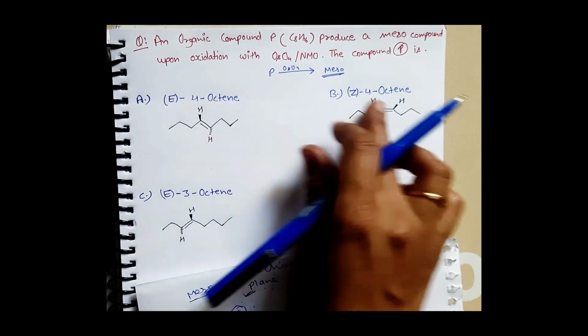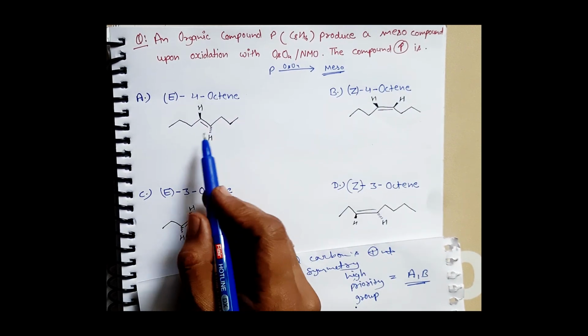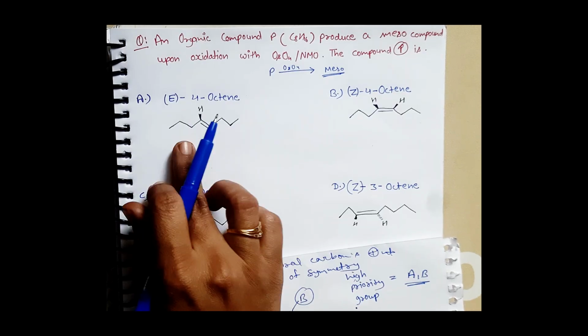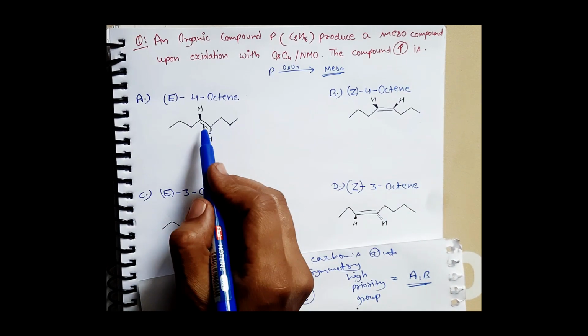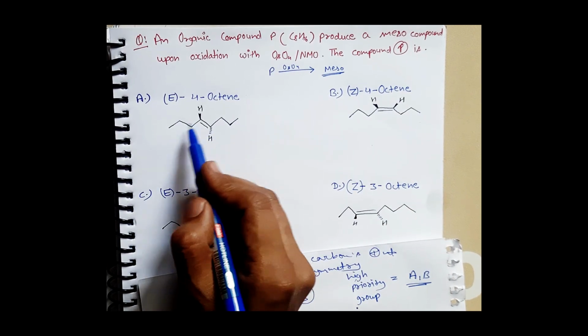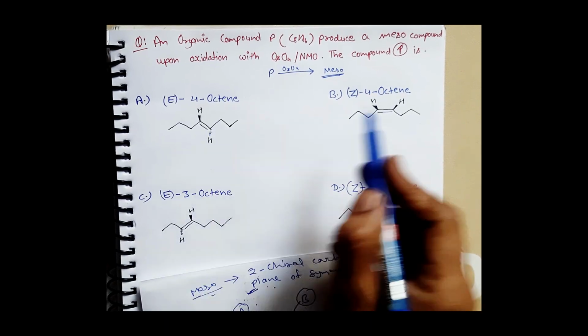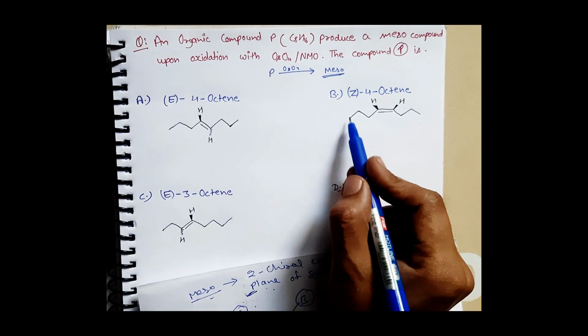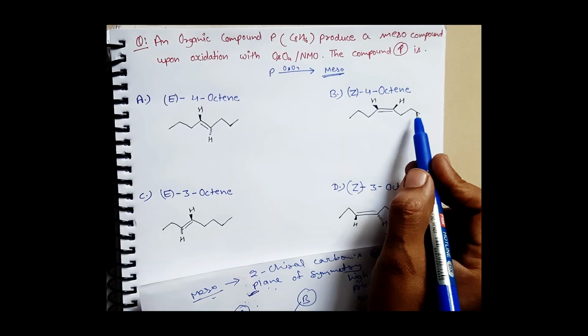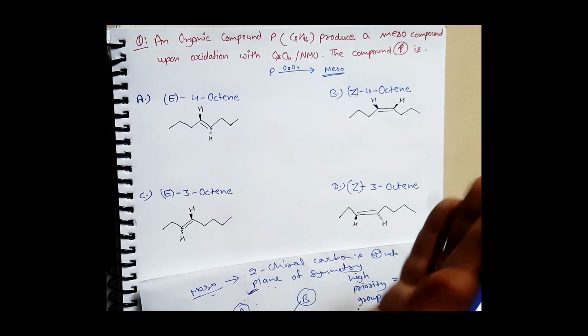In these four options, only option A and option B appear symmetrical, with 3 carbons here and 3 carbons here attached to the double bond, and likewise for the other. It means they both look symmetrical.